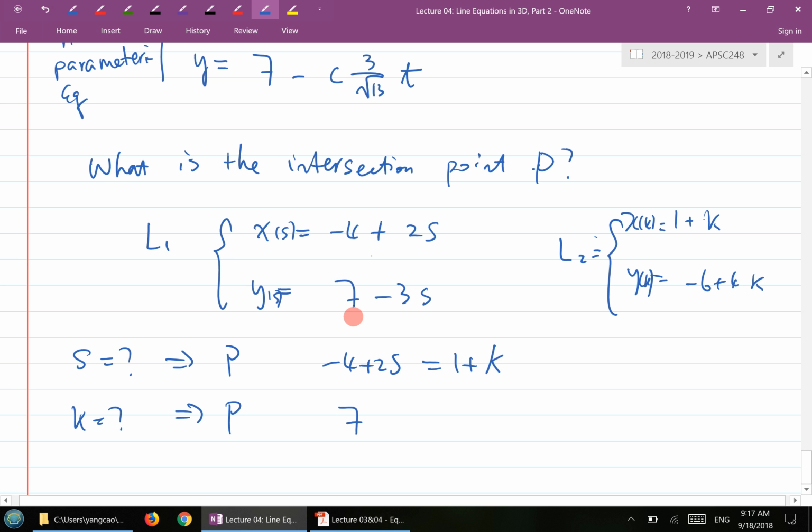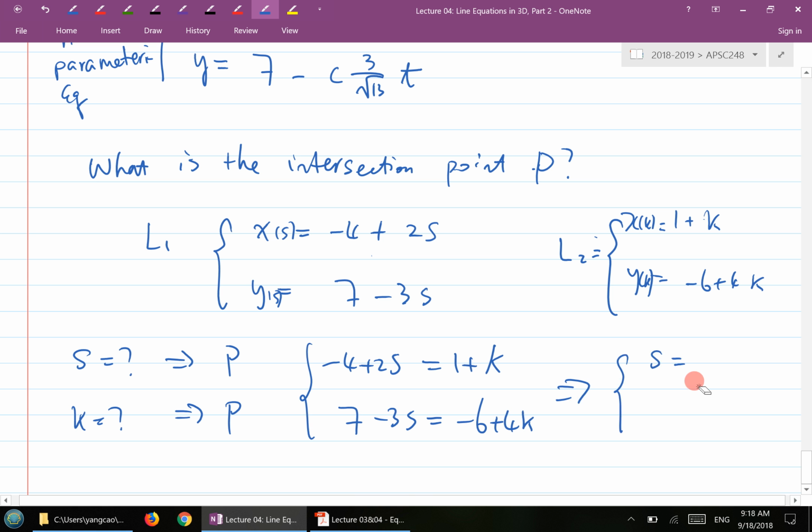And then let the y equal this. That's how you solve for intersections. You have two equations, two unknowns, and you will be able to solve for the answer here.